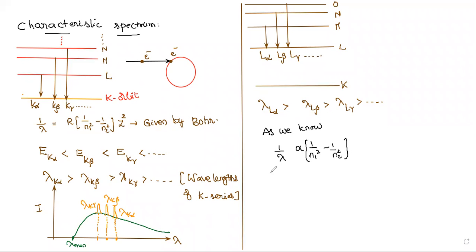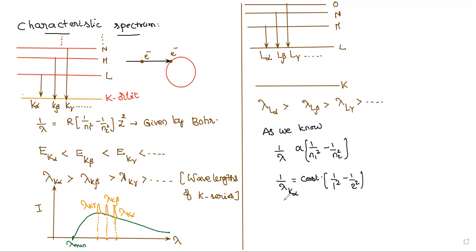Okay, I can write here 1 by lambda is equal to some constant into, for example, if I write K alpha, that is from 2 to 1. 2 to 1 means 1 by 1 square minus 1 by 2 square. This is what I am saying. You have to check.